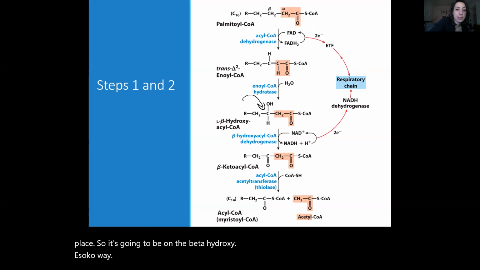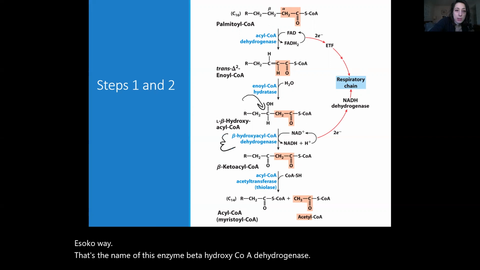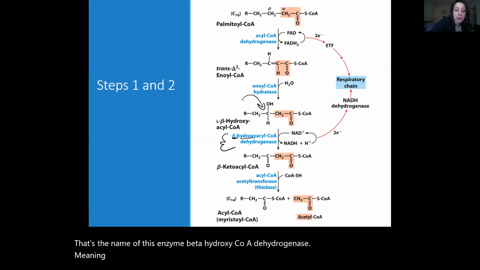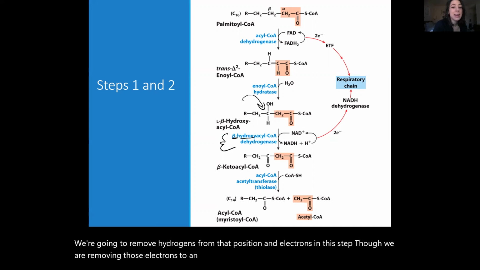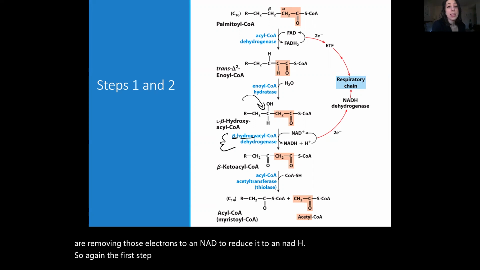Thus the name of this enzyme, beta hydroxy-CoA dehydrogenase, meaning the hydroxy group on the beta carbon of our acyl-CoA. We're going to remove hydrogens from that position and electrons. In this step, though, we are removing those electrons to an NAD to reduce it to an NADH. So again, the first step, we produce an FADH2, and the second step, we produce an NADH.